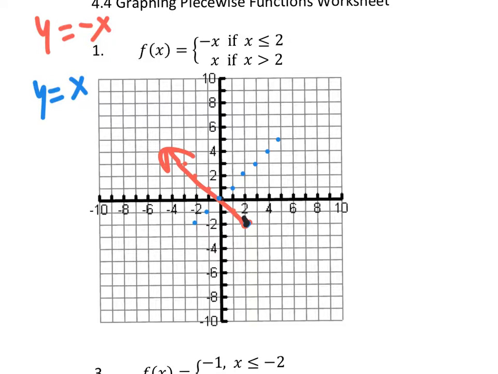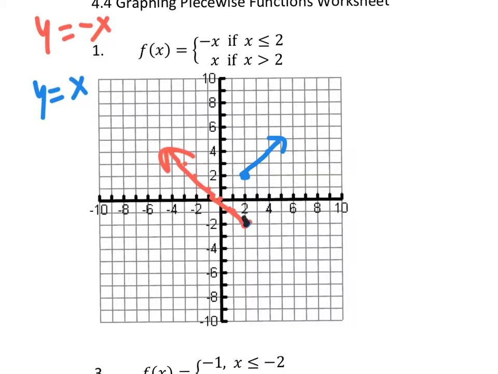So you need to erase everything that's less than 2. You only want to show the greater than 2 part. So I want to erase this right here. Oh man, I erased the red line. Sorry. There we go. So I only want to go from the x value of 2 greater than, so I only want to show this piece of the line. It starts right here, you want to show that piece of the line, and you're done.